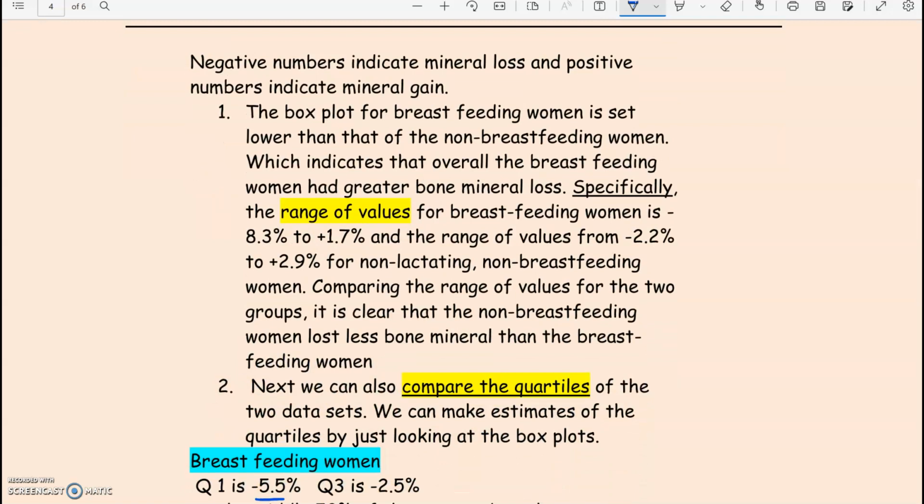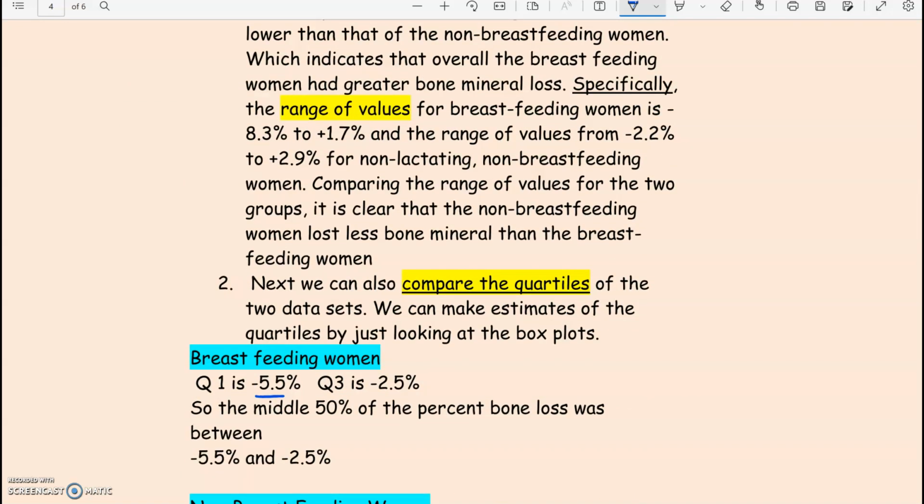Now the other thing we could compare are the quartiles. The middle 50% lies between the two quartiles. And why is that? If you have this data set, the median divides the data set into 2 equal parts, and the quartiles further divide the 2 halves into equal parts, and these three numbers together divide the entire data set into 4 equal parts, which means the bottom 25% is between the minimum and the Q1.